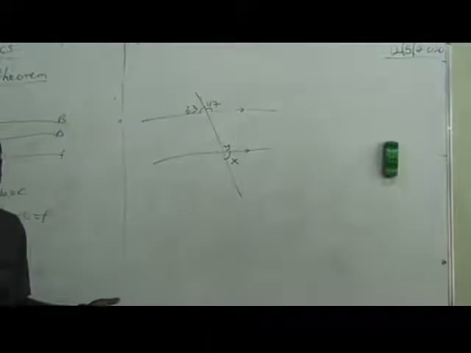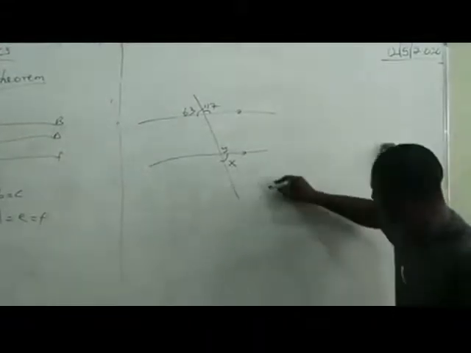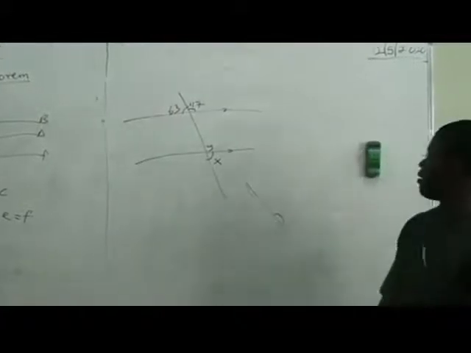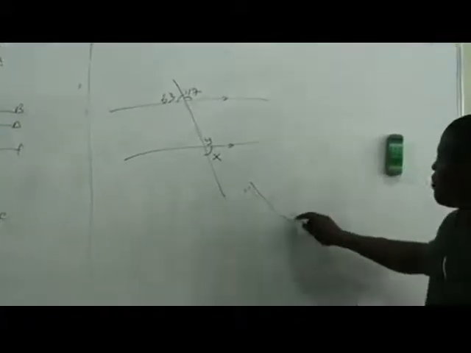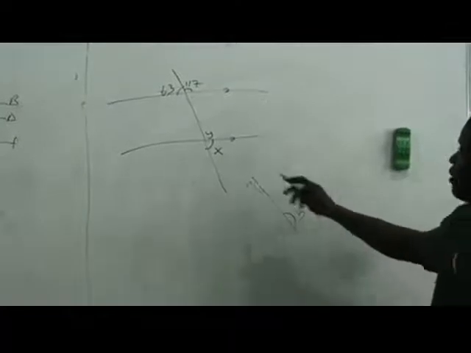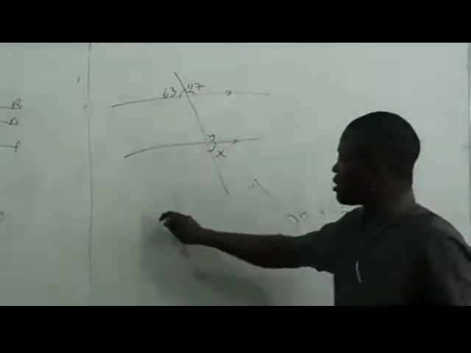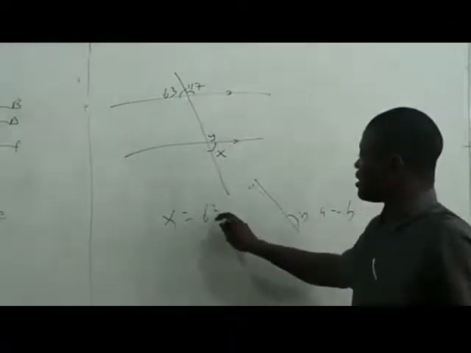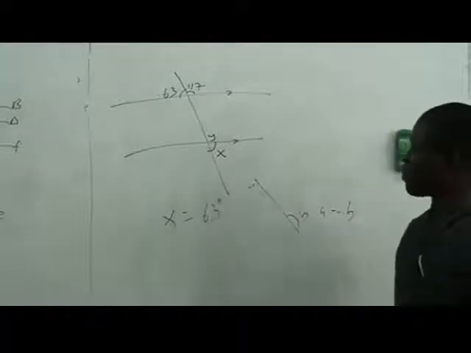Alternate angles. Am I communicating? Recall what I told you. When you have an angle here and an angle here, you have A, you have B here, A is equal to B. For that reason, X is now equal to 63 degrees.